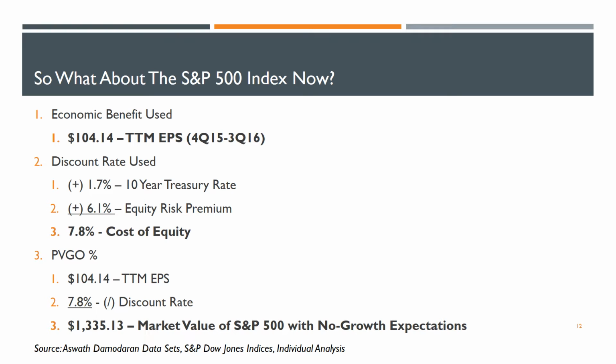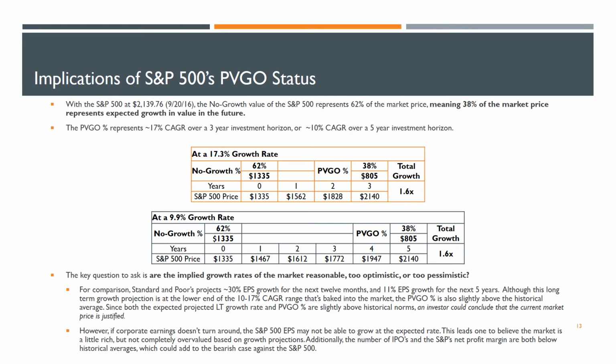No need for size premium since it's the entire market. So 7.8% cost of equity. So take those two numbers, divide the benefit by the discount rate, and we get approximately $1,335 per share, the S&P 500 in a no growth scenario.